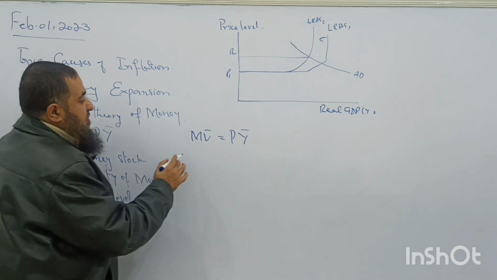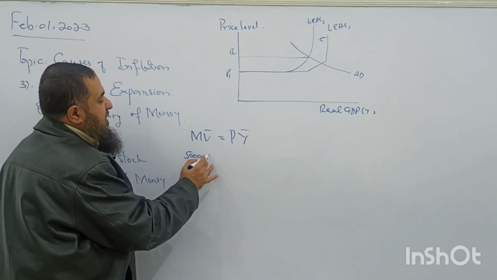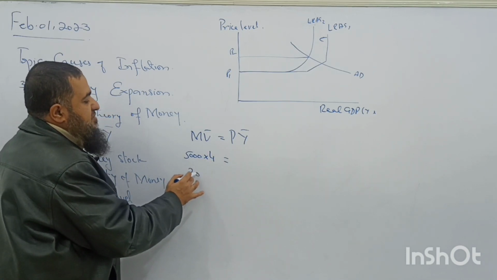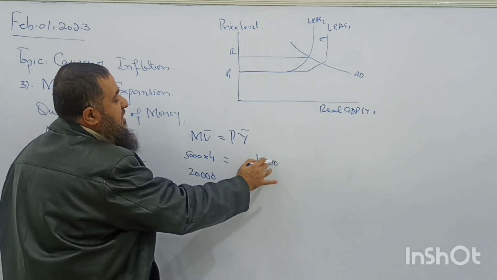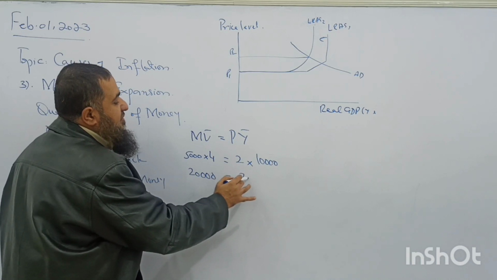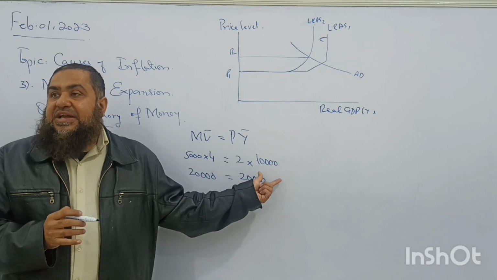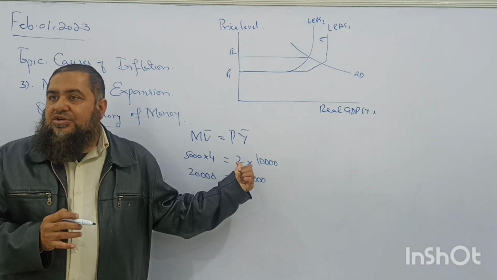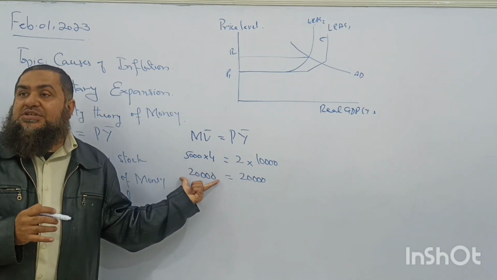Look here. If money supply is 5,000 and velocity is 4, how much is the total money supply? 20,000. Now total output produced is 10,000 and the general price level is 2. So in order to buy 10,000 goods produced at the price of 2 each, we need 20,000 of money supply.